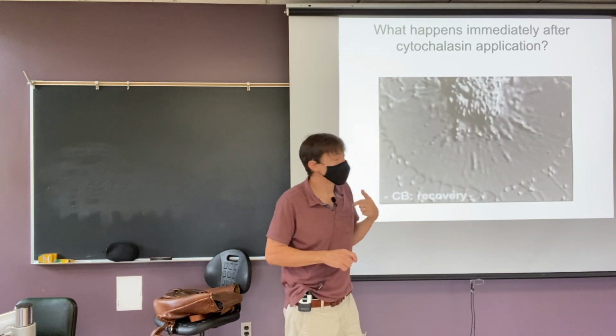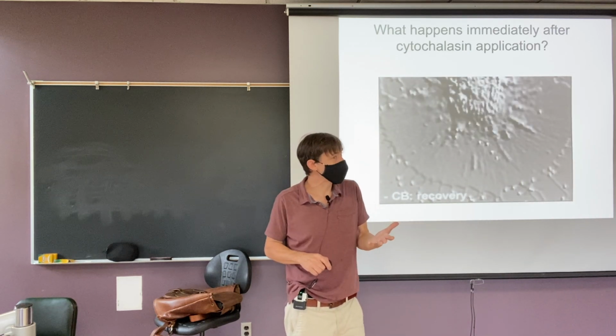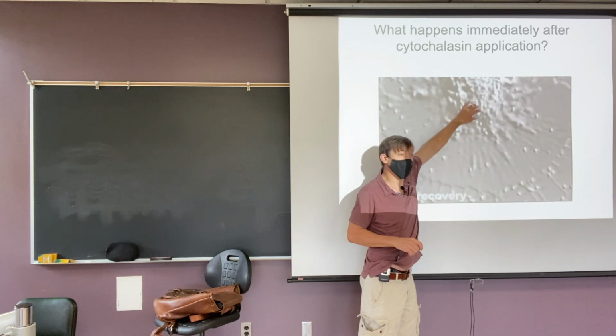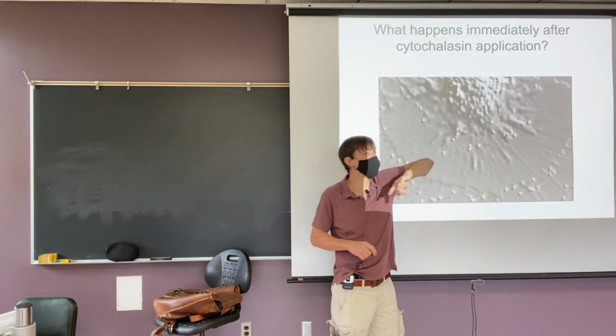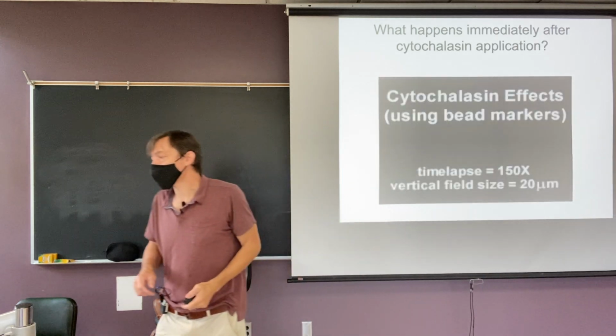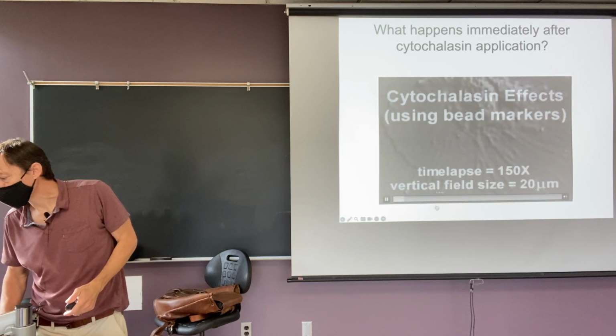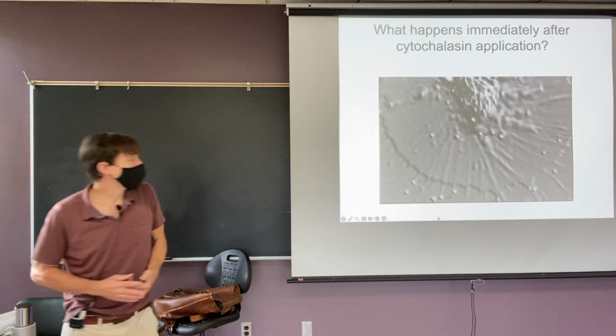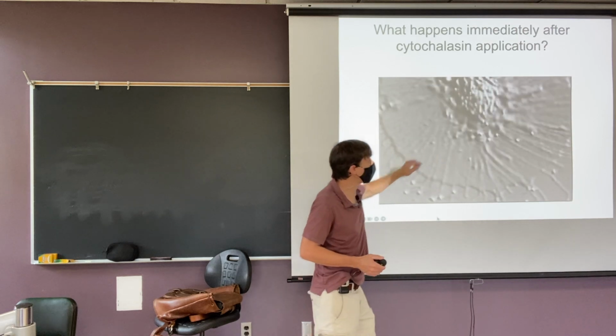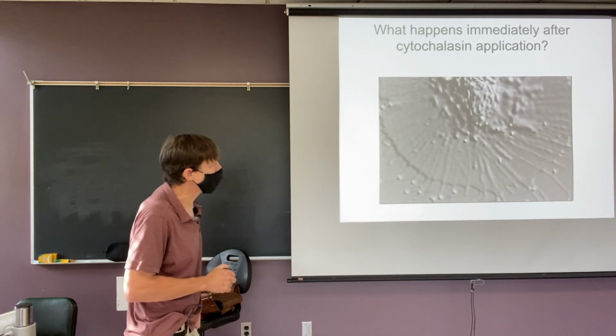And one question is, is actin assembly driving this retrograde flow? One thing to ask when you look at this movie: does this flow continue immediately after the application of cyto D?